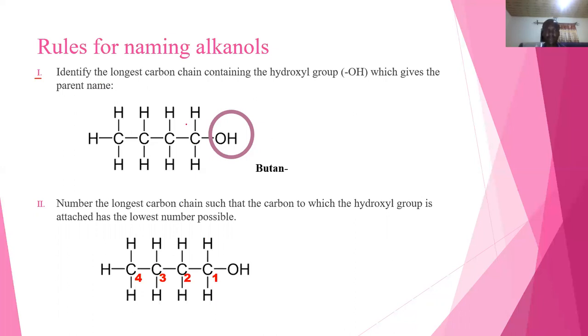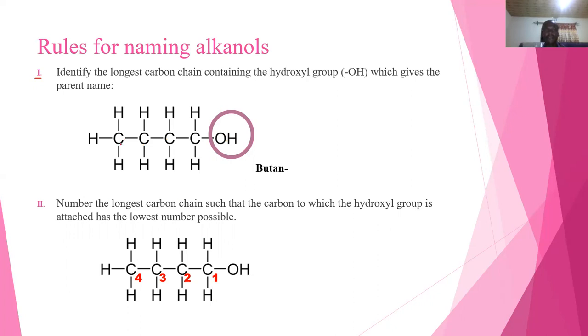So you identify the longest carbon chain with the hydroxyl group. Realize that this is the continuous chain, and on this chain there is a carbon attached to the hydroxyl. To identify the parent name, you now count the number of carbon atoms.